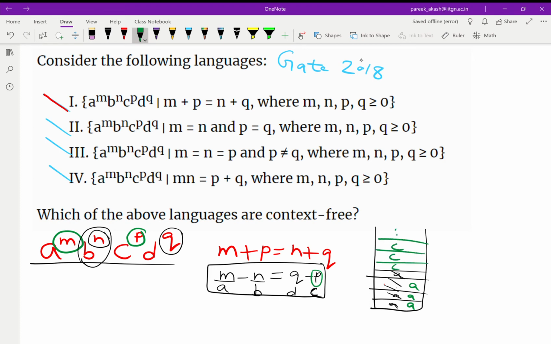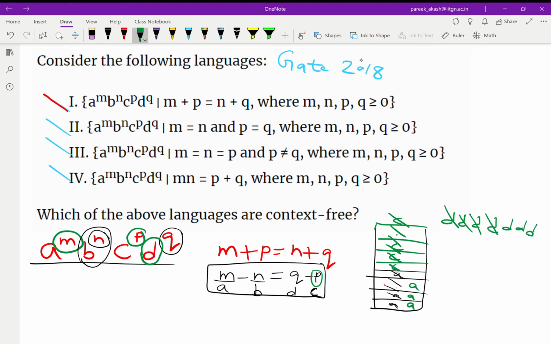So I push some c's in my stack, and when I see the d's, I will pop the c's. While seeing the d's, I am popping the c's. Suppose by this way all my c's are over and I am still left with some d's.